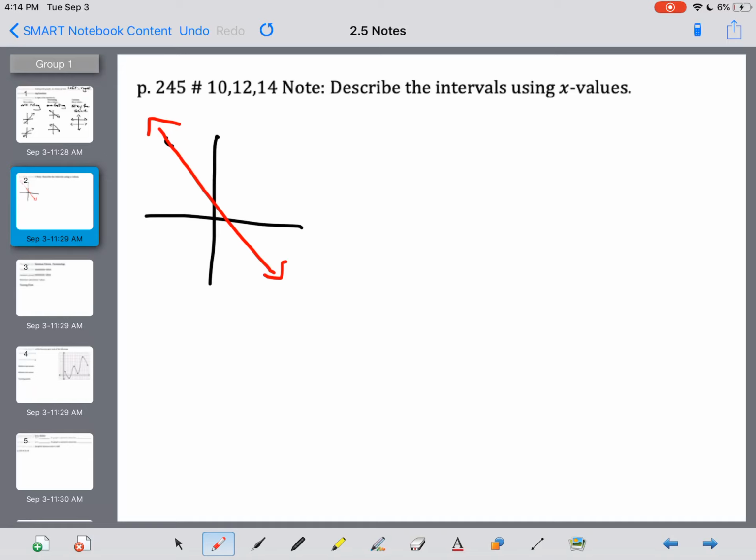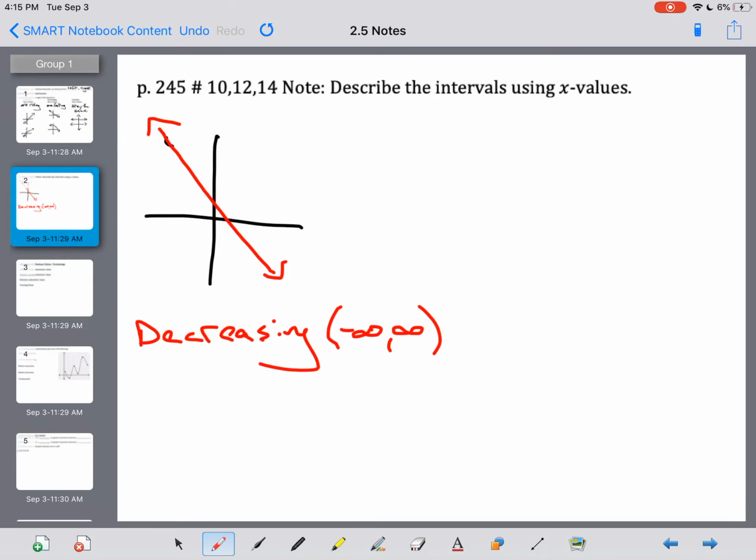We want to describe the intervals over which the function is increasing, decreasing, or constant. Here, the entire function is decreasing. This function starts at negative infinity, goes to positive infinity. So we can just say this function is decreasing from negative infinity to positive infinity.